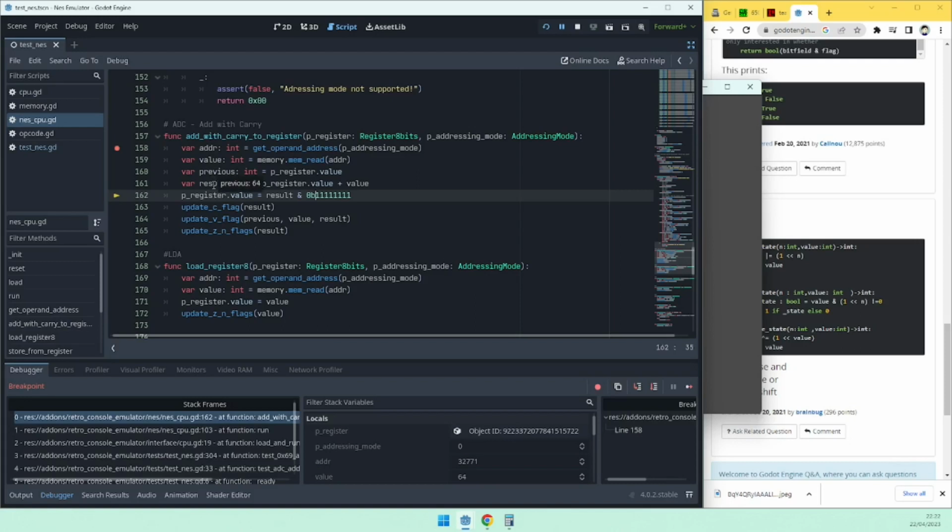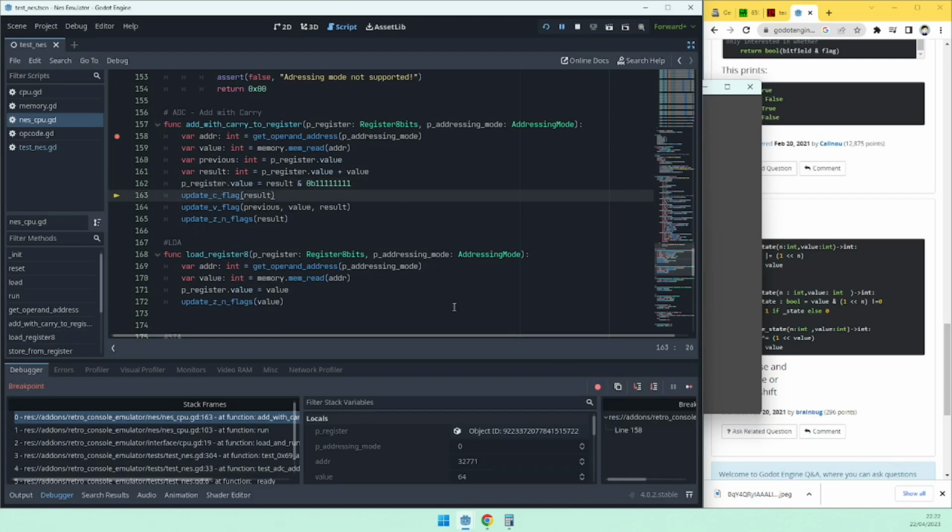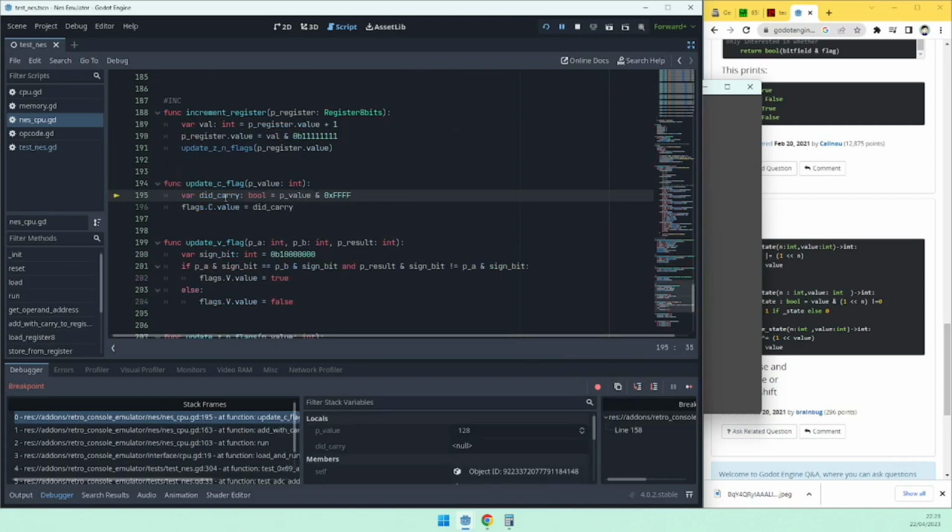Previous is 64, result is 128. The new register value is 64 in theory. And let's see the carry flag. This was 8 bits, not 16 bits. Okay. Wait.